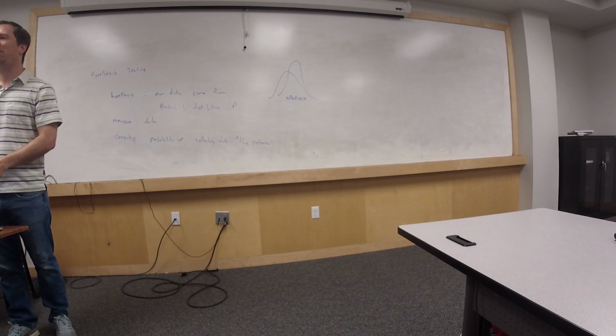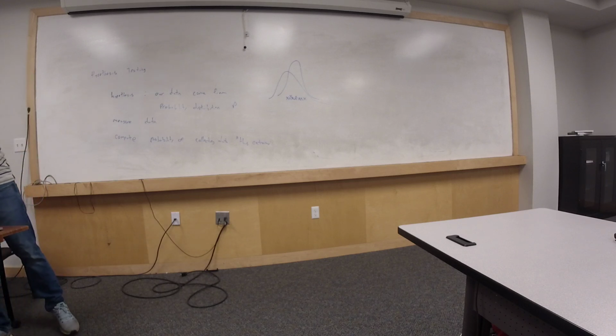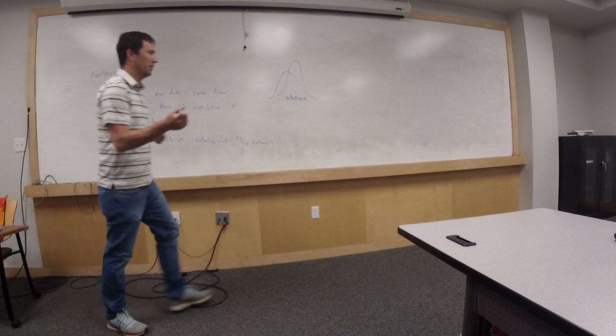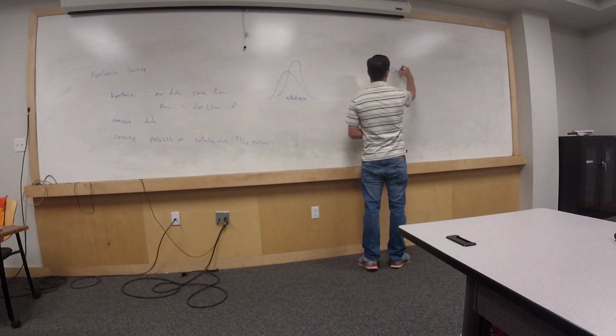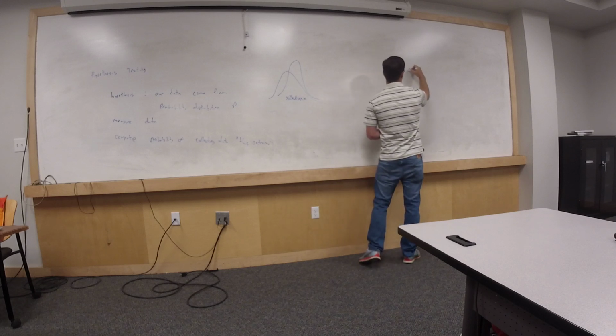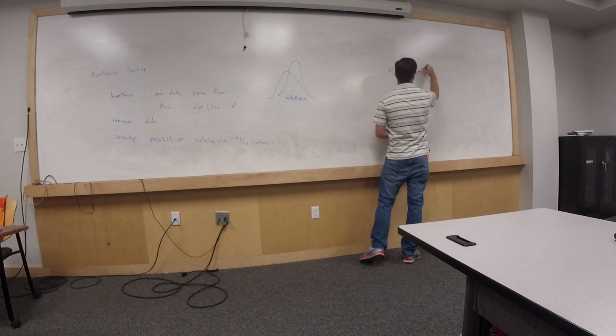Basically the p-value is the cutoff where we say this data was so improbable that we're going to conclude that our hypothesis was wrong. So, if this is the probability of our data if the hypothesis is true.